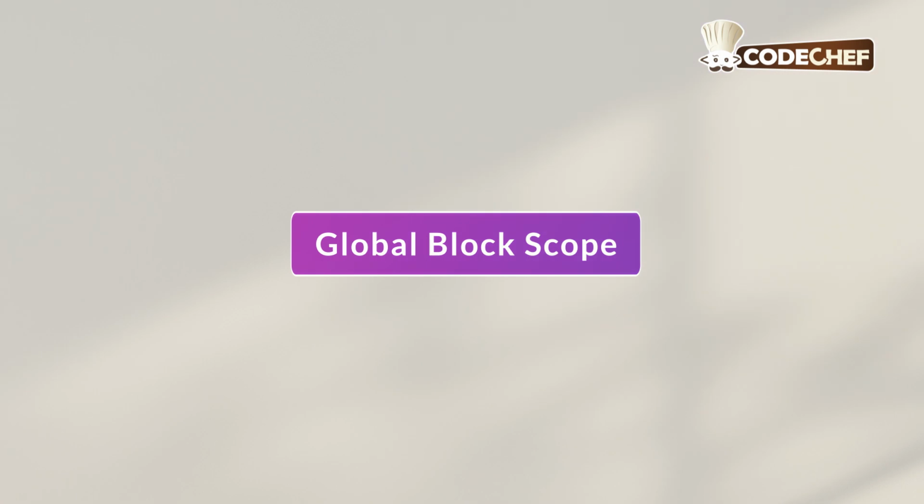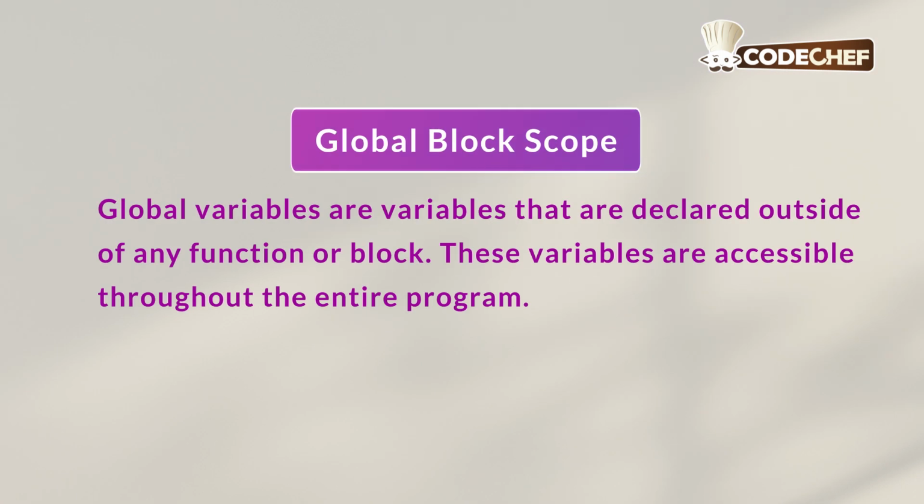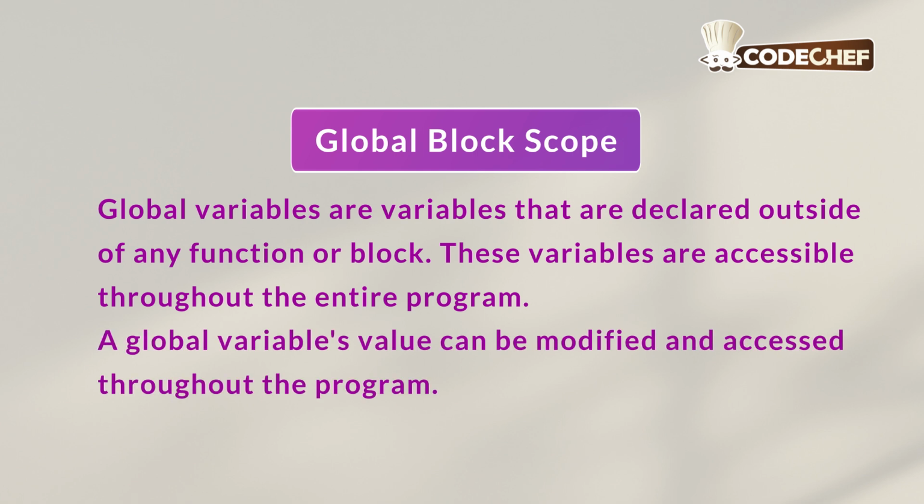Global scope. A variable declared outside of all functions, blocks or classes in C++ is called a global variable. Talking about the scope of a global variable, it is accessible throughout the program in all functions and blocks after its declaration. And talking about its lifetime, it exists for the entire duration of the program.